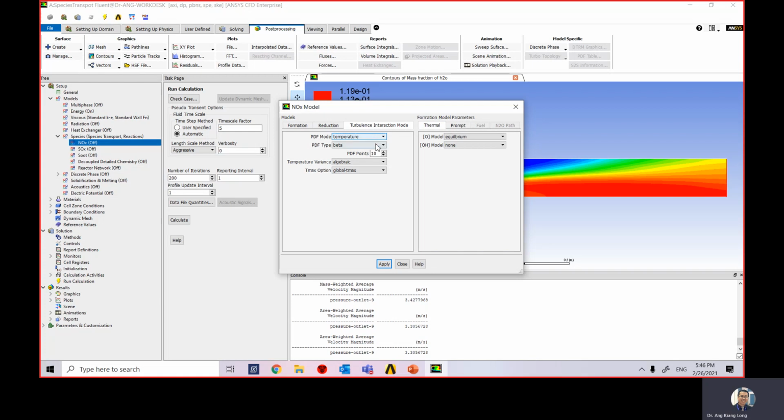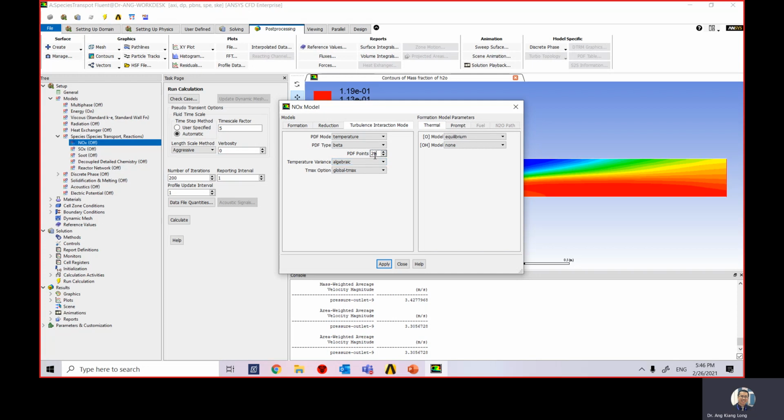Then after that, we will use the beta option. The PDF points will increase to 20. Just go up to 20. Increase the PDF points; the higher the value, the more accurate your pollutant prediction will be. Yeah, the higher, the maximum.